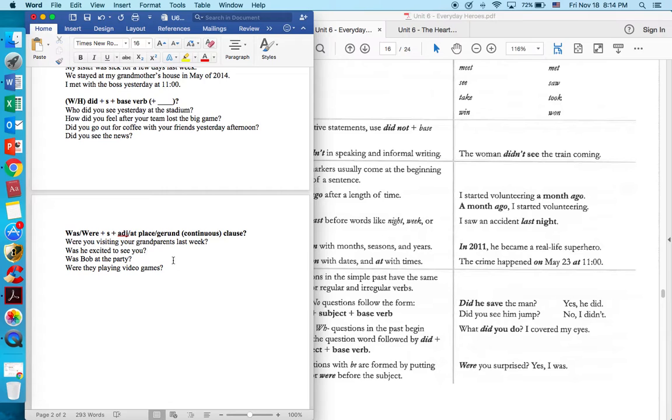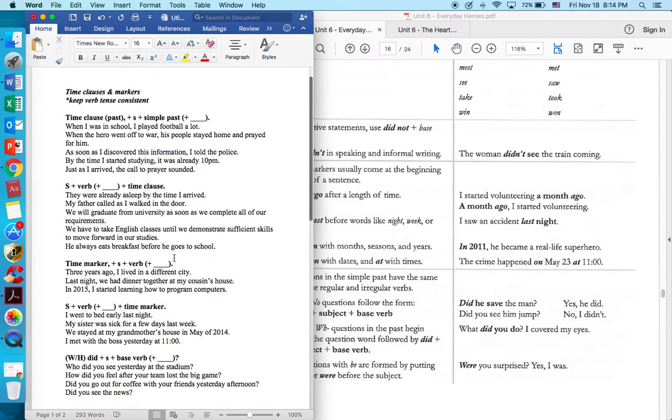All right. And so, again, time markers, time clauses, these things are an introduction to independent and dependent clauses, of which we'll see more in later videos. So if you have the dependent clause first, you'll need that comma. If you have the dependent clause in the second half of the sentence, you don't need the comma.